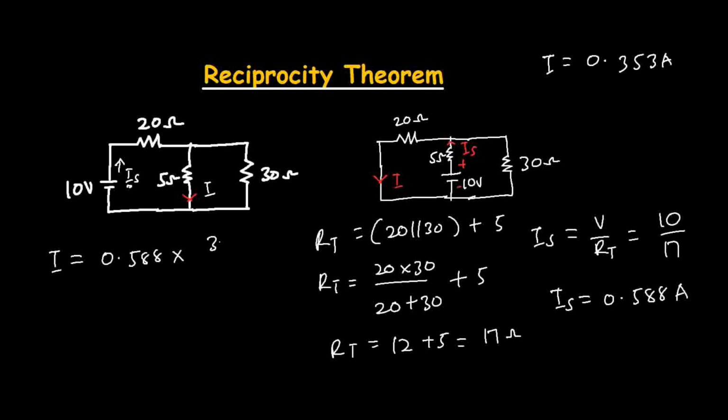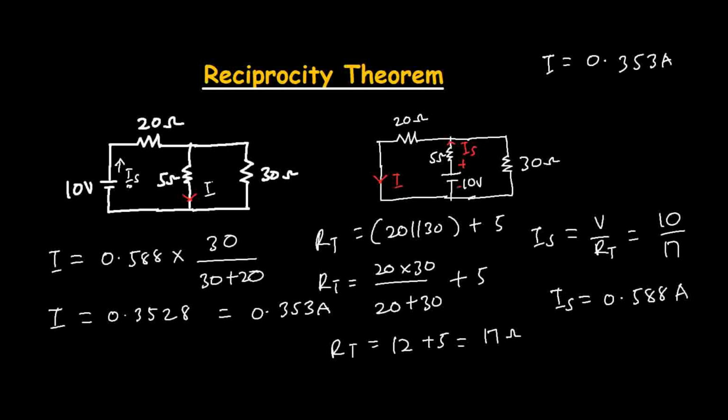So that is times 30 divided by 30 plus 20 ohms. So let's see the value of I. So that'll be 0.588 multiplying 30 over 50. That gives me I equal to 0.3528, which is approximately equal to 0.353 amperes.